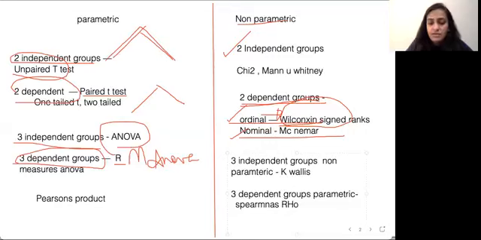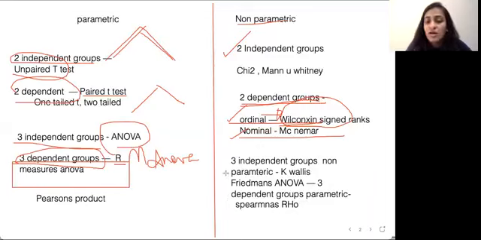I'm going to type it here. It's called Friedman's ANOVA. Okay, this one was a repeated measures ANOVA. You remember this was a repeated measures ANOVA. This is going to be called Friedman's ANOVA. All right.